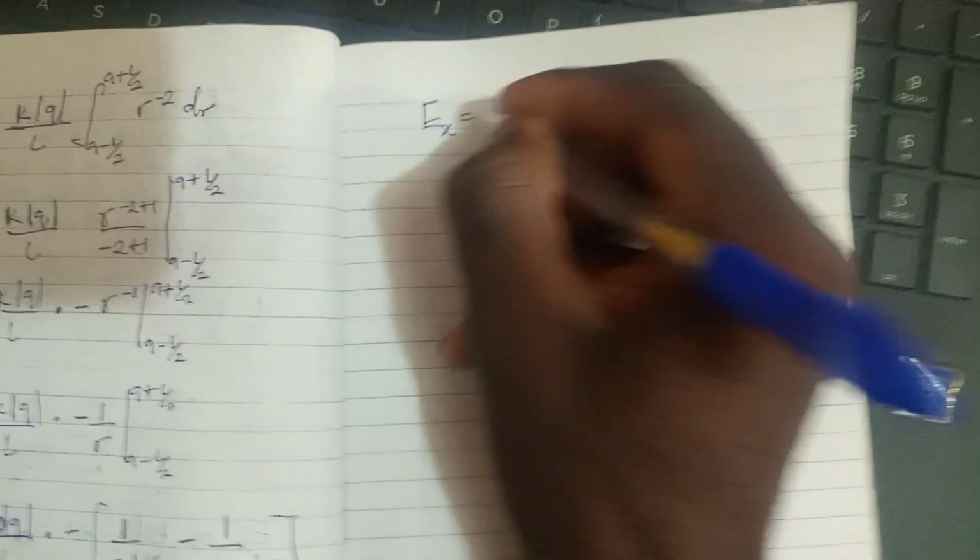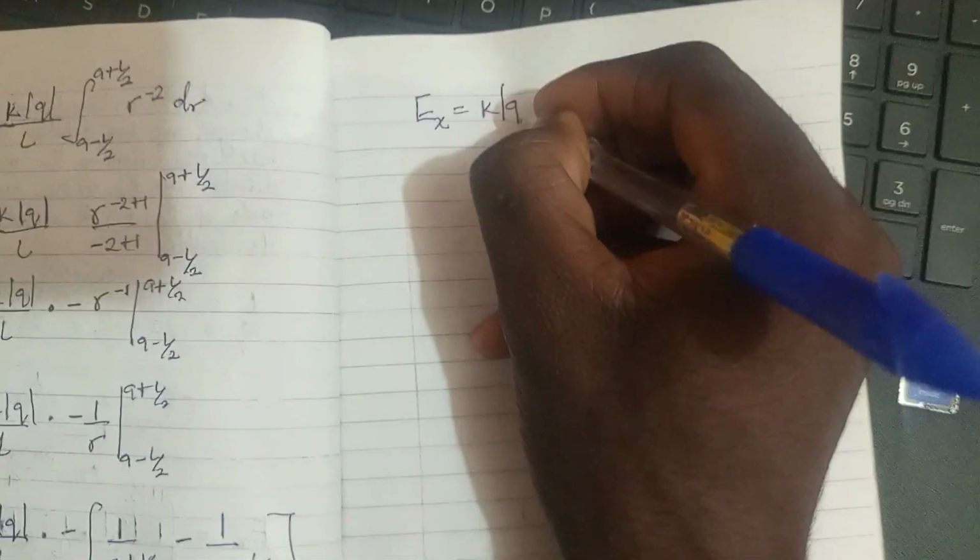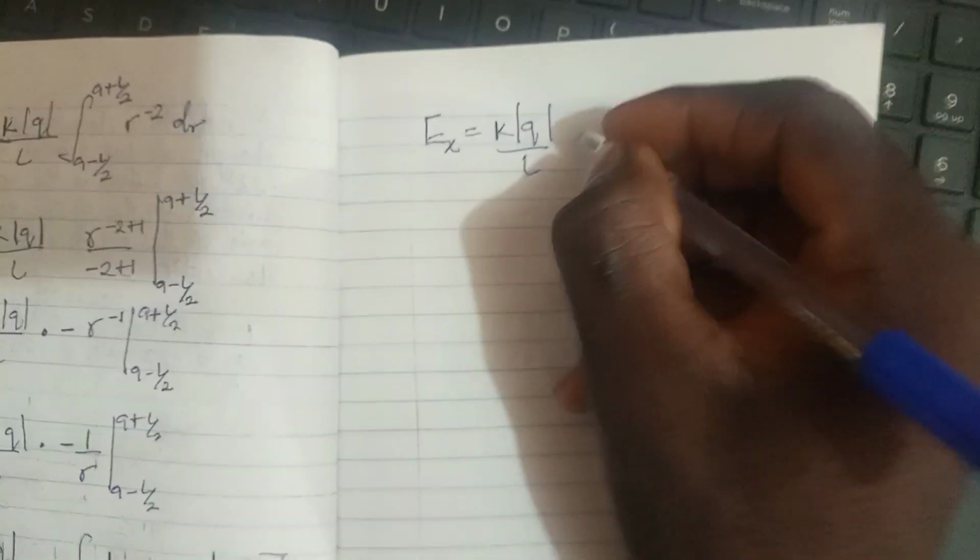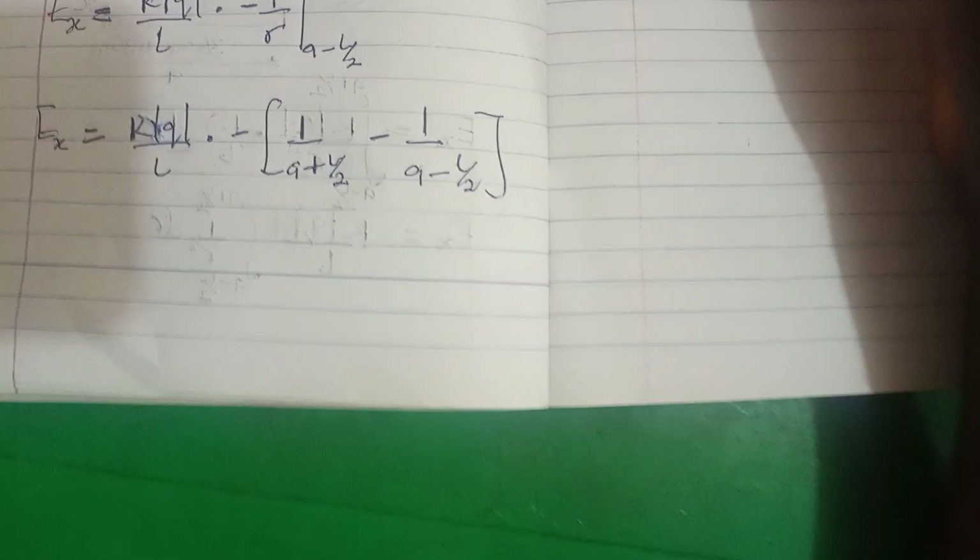EX will now be K, the modulus of this. If you take the minus that was initially here inside, the minus goes inside, then there is a switch. It becomes 1 over A minus L over 2, then minus 1 over A plus L over 2. So now you have this.